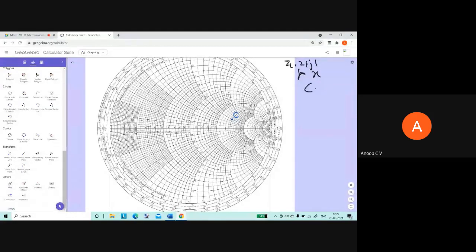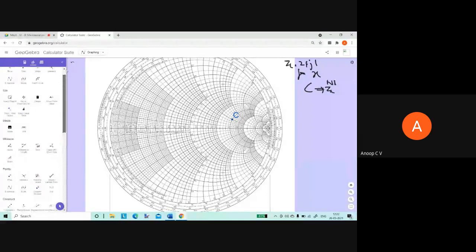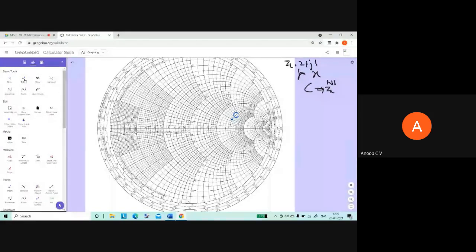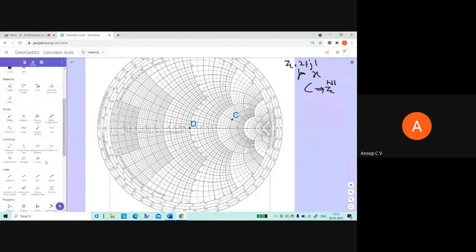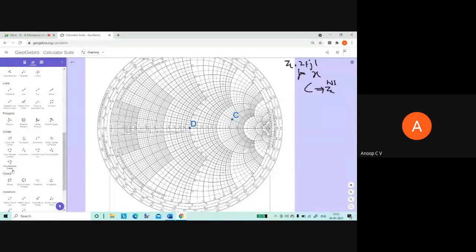So point C is small ZL, the normalized impedance. Now I should find out the normalized admittance. Why? Because that is how we'll solve problems related to the Smith chart. I mark the center point D and consider the circle with center at D passing through C. So this is my constant SWR circle.